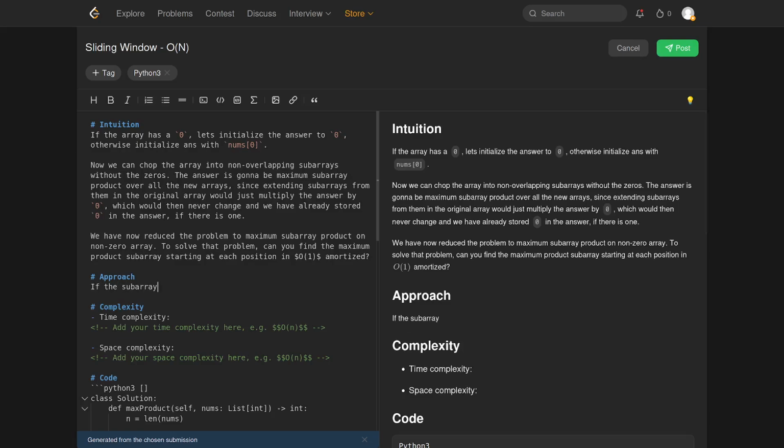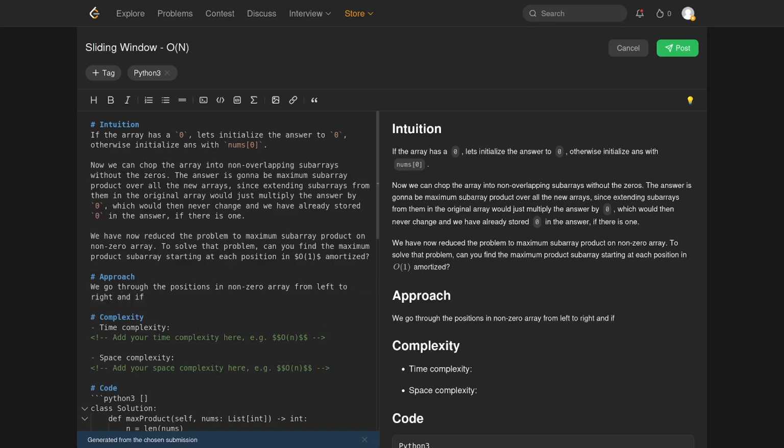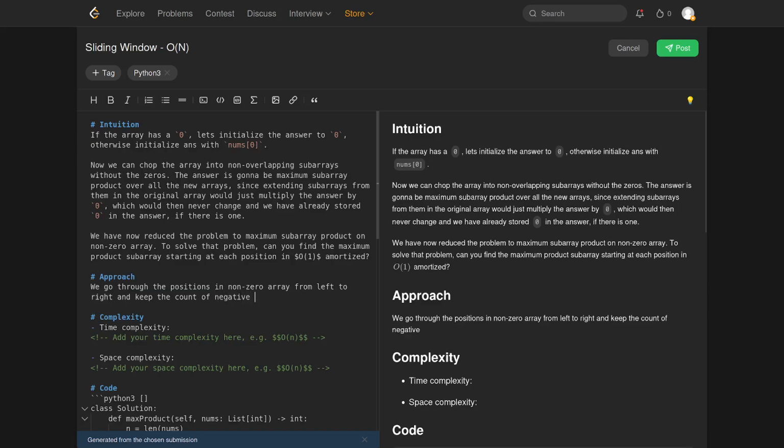If the subarray, we go through the positions in non-zero array from left to right and keep the count of negative numbers in the suffix.